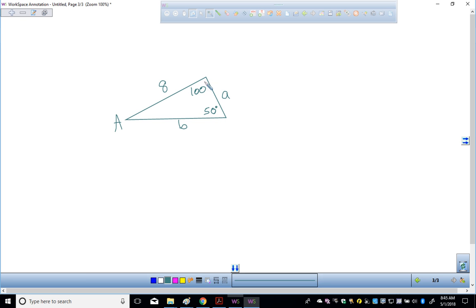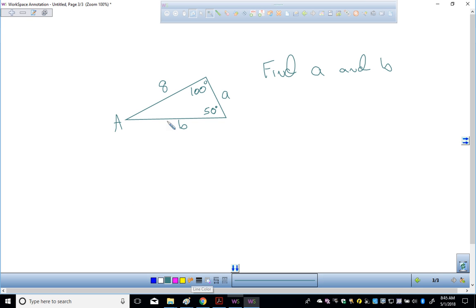Okay, so find A and B. This is how you use the law of sines. Notice that this is not a right triangle. With SOHCAHTOA, where you use all three trig functions, you have to have a right triangle. This one, you don't have a right triangle.